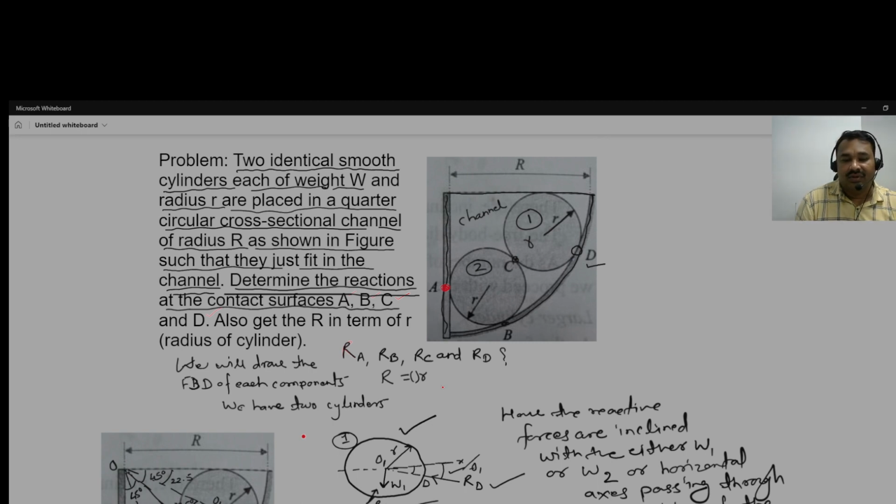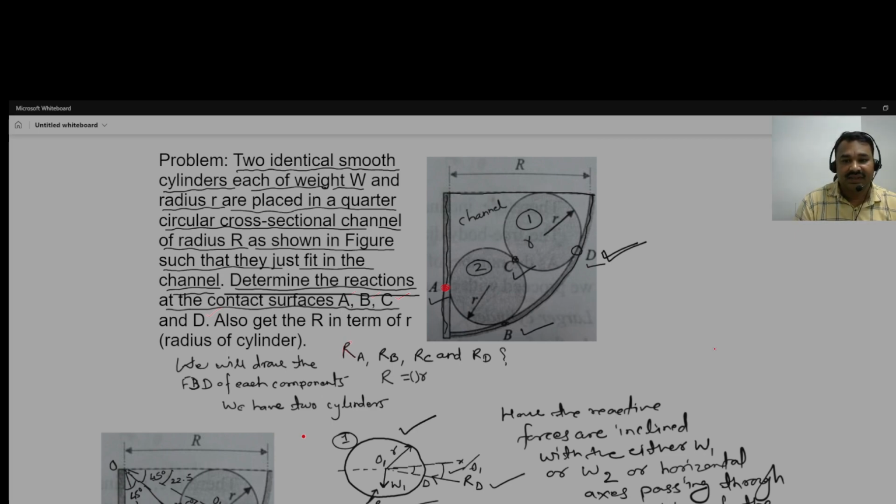Our aim is to determine the reactions at the contact surfaces: reaction at A, reaction at B, reaction at C, reaction at D. So this we have to get.